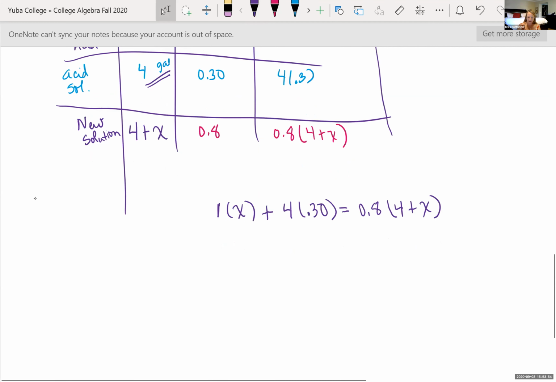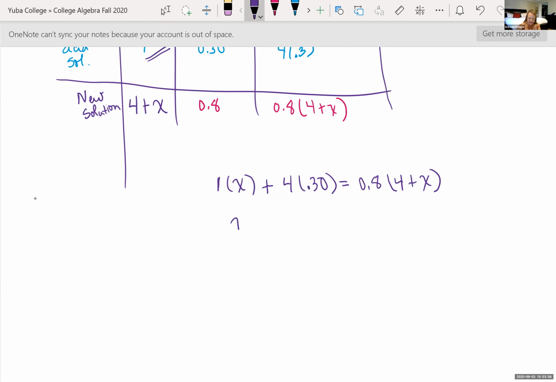So simplify, we have X plus, well, 4 times 3 is 12, so this is 1.2, is equal to, well, 4 times 8 is 32, move my decimal over 1, so 3.2, plus 0.8X. We want constants to one side and variables to the other side.